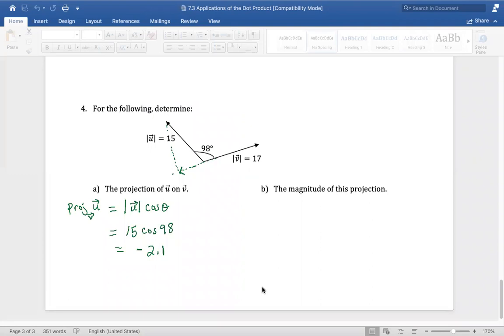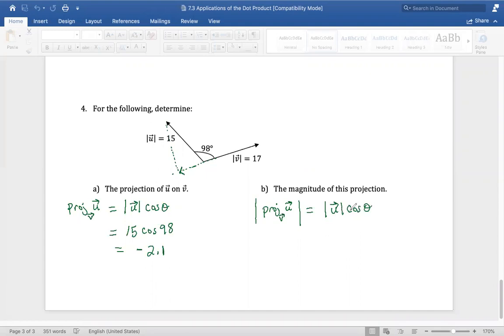So if I'm getting the magnitude of this projection, let's again write that out with our magnitude, like absolute value symbols. So the magnitude of the projection of u onto v is going to be equal to the magnitude of u times the cos of theta.